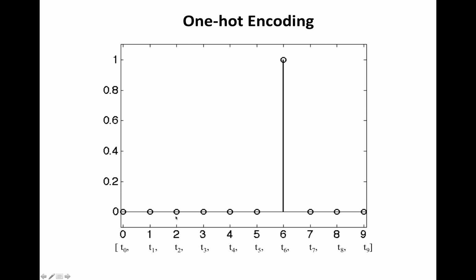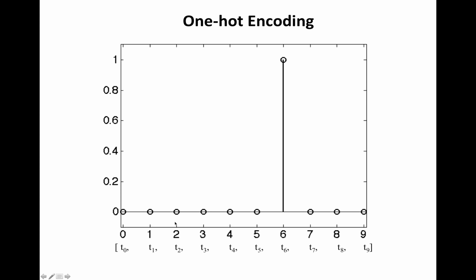And this kind of representation of the label is called one-hot encoding. One-hot means that you have only one element of this 10-element vector that has a value of 1, and every other element is just zero. Right? So that's called a one-hot encoding.